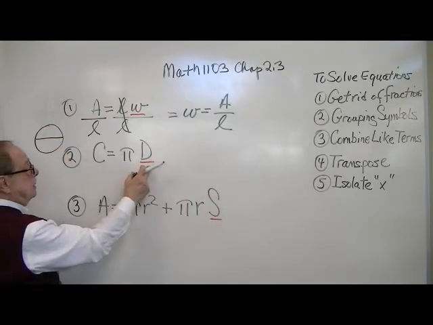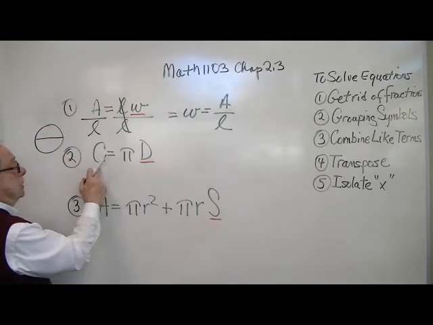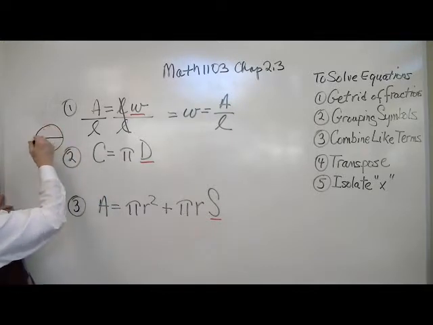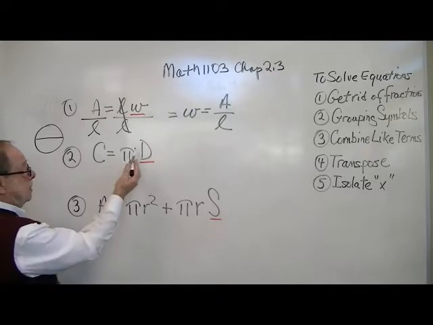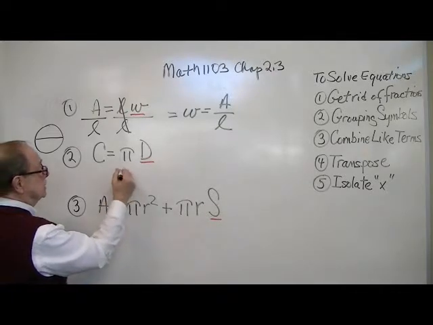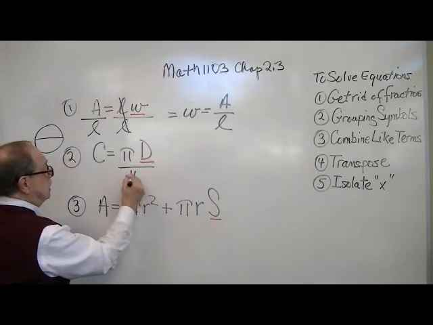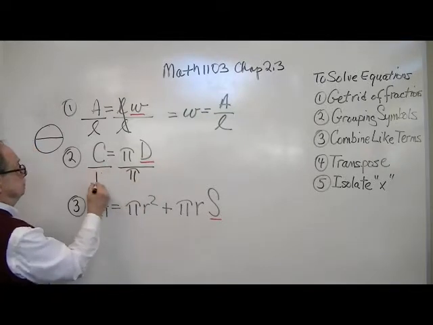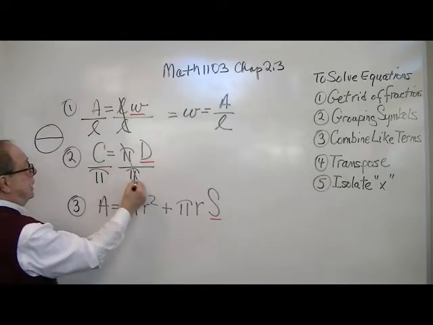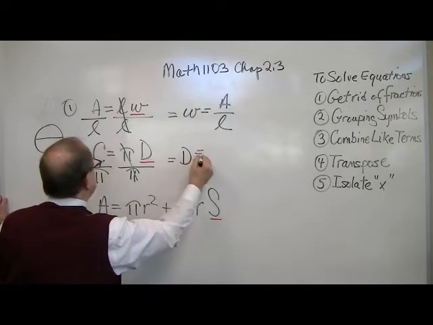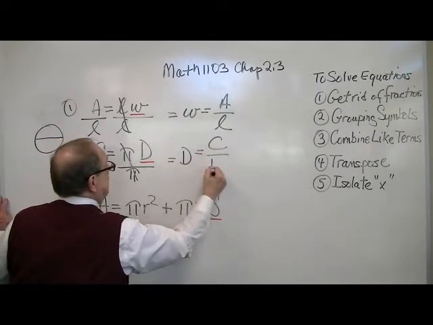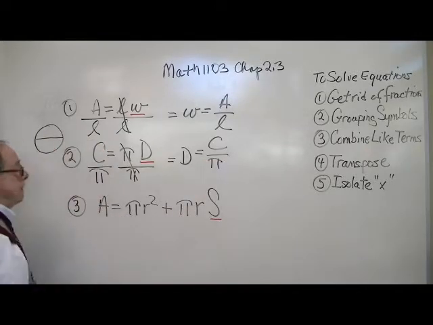If you multiply the diameter of the circle by pi, you get its circumference, distance around, perimeter. So we want to solve for the letter D, so we're just going to divide both sides by pi. Here the pi's cancel out, and we get D equals C over pi.